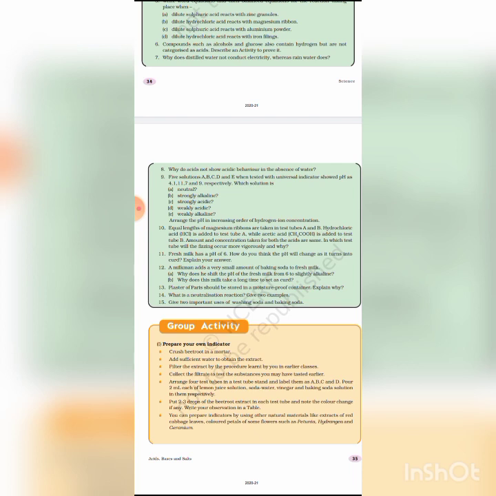These acids provide hydrogen ions, that is H plus ions, to rainwater. So due to the presence of these acids, the rainwater conducts electricity.